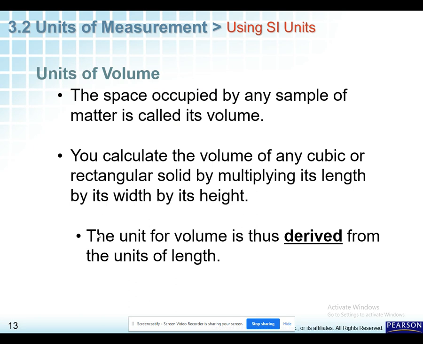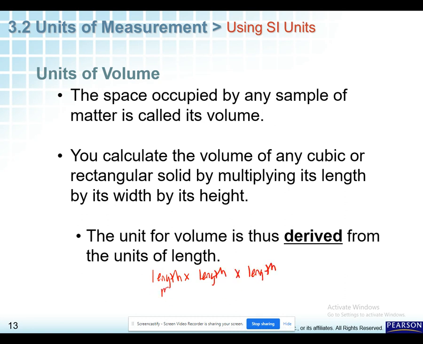Okay. The next one we're going to talk about is volume. Volume is a derived unit. It's defined as the space occupied by any sample of matter. So how much space does it take up? You can calculate the volume of any cubic or rectangular solid by taking length times width times height. So this is a derived unit because it combines length times length times length.